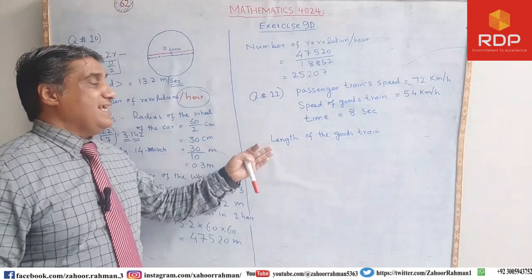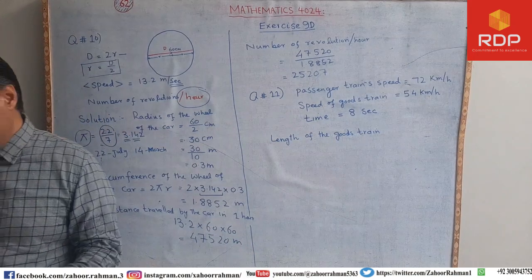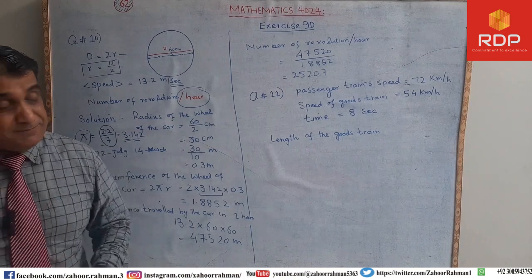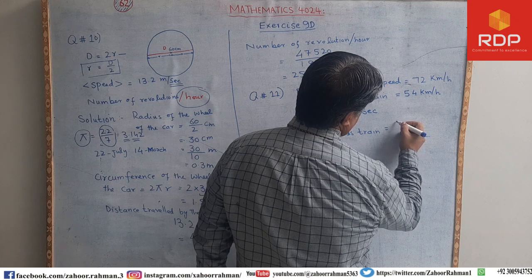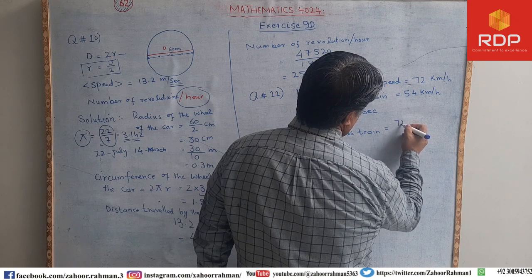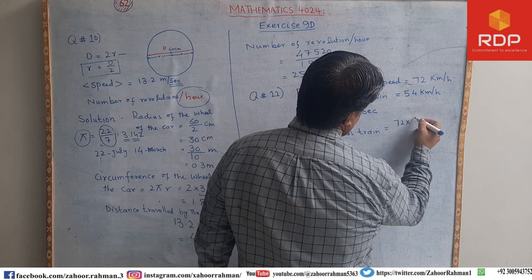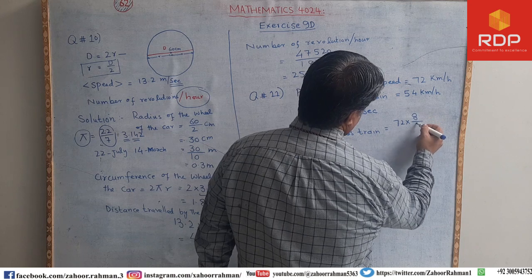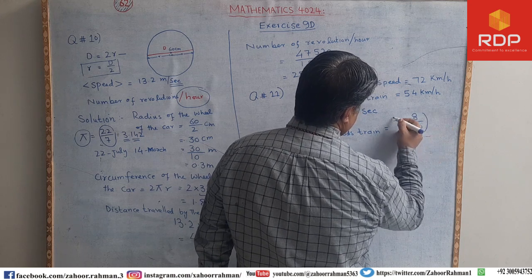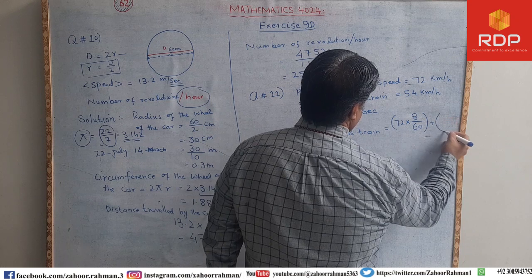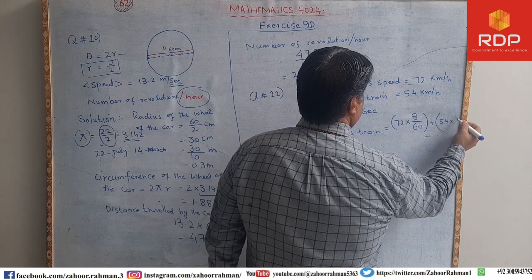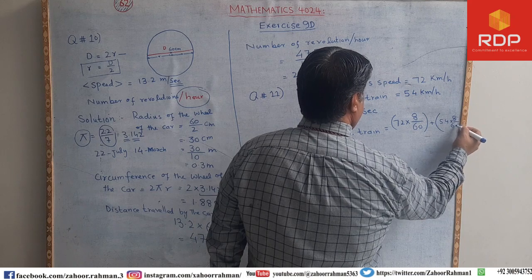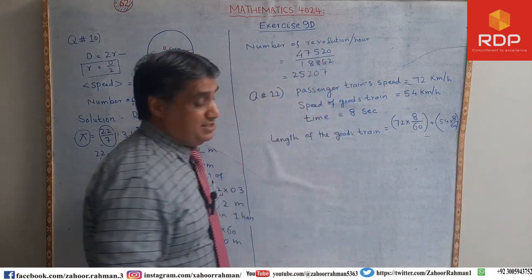So we are saying length. We have to find the distance, and distance is equal to 72 multiplied by 8 divided by 60 plus 54 multiplied by 8 divided by 60.